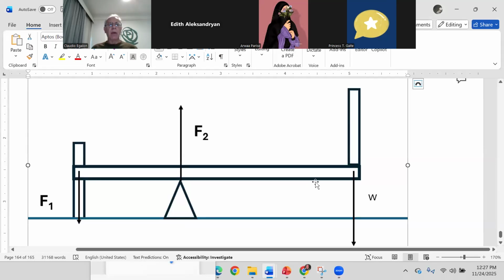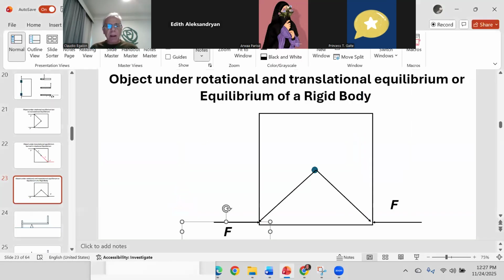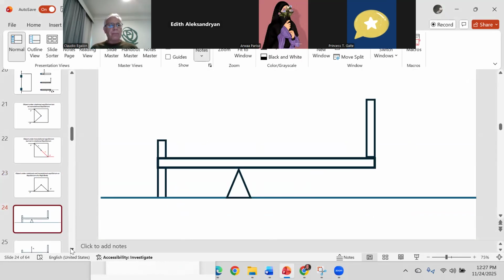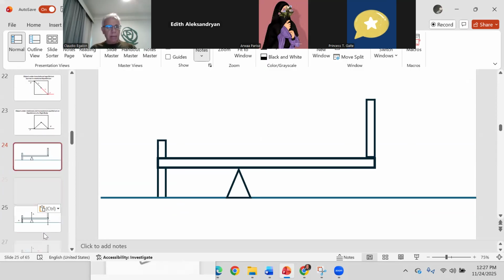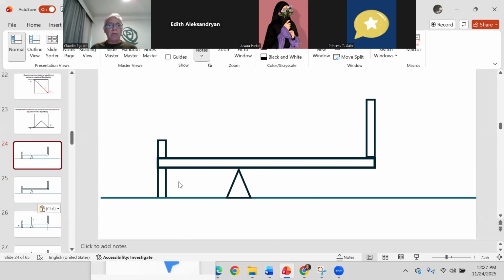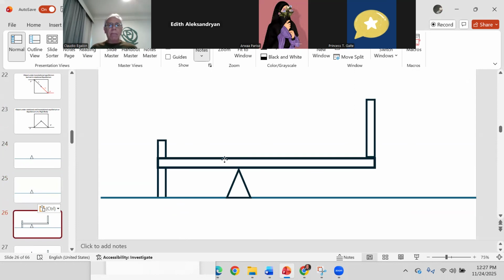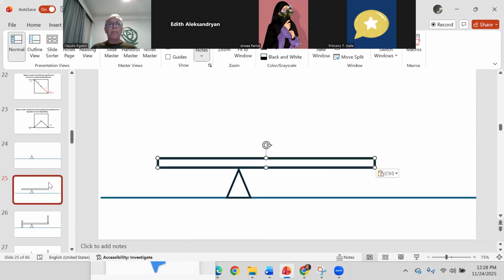So what we have to do is apply the forces to this problem. Here's the situation, the board. Let's play the movie. Start with the fulcrum. We apply the board to the top of the fulcrum.